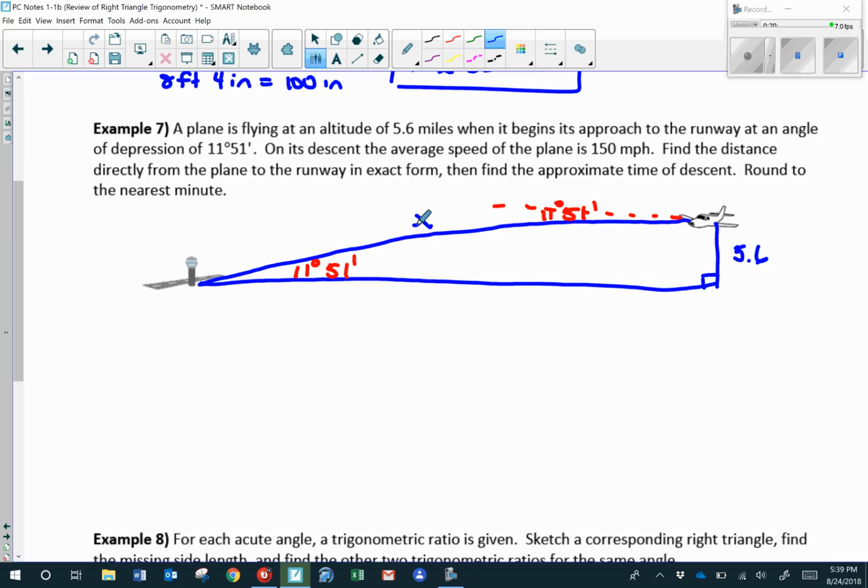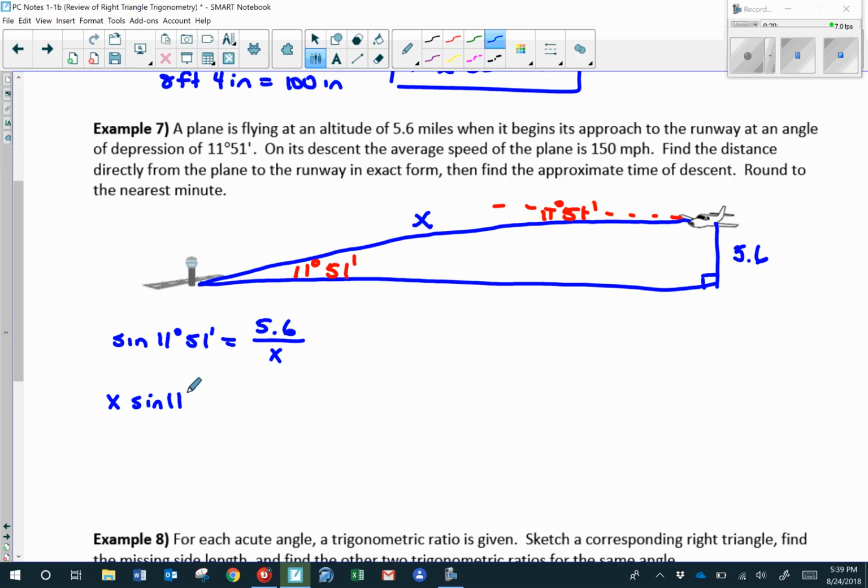5.6 is opposite the 11 degrees and 51 minutes. So that means that we can use a sine ratio. So the sine of 11 degrees and 51 minutes is equal to opposite 5.6 over x, the hypotenuse. I'm going to multiply through by the denominator to clear any fractions.